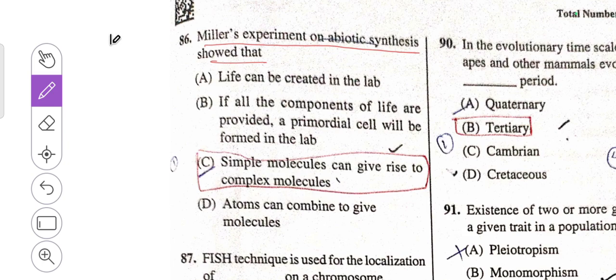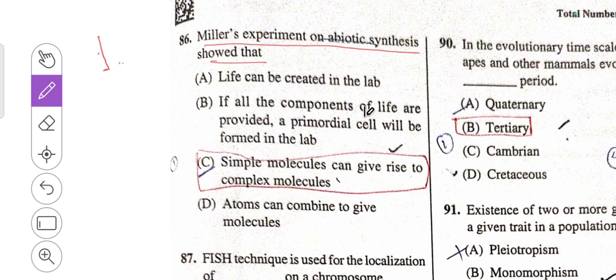Urey and Miller worked together and did an experiment to show what chemicals were present, how the reducing environment converted into the present day environment, which has been experimentally shown by Miller, and what molecules formed during the previous earth. That is done by Urey and Miller, where they did an experiment with a setup.